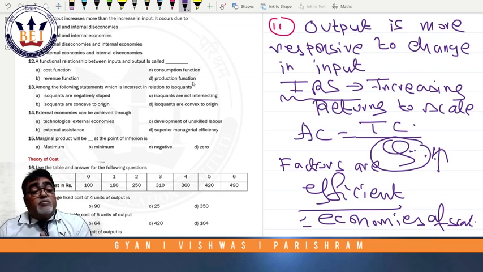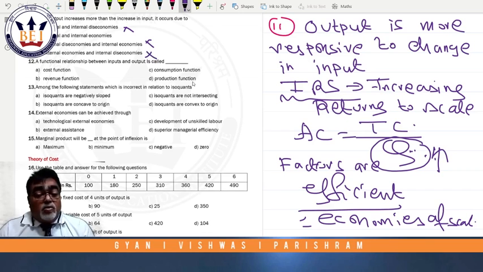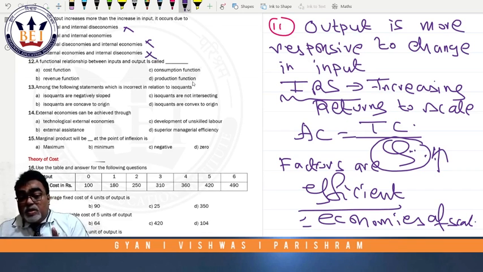When output increases more than increase in input, it occurs. So obviously we should find out economies of scale, external and internal economies. Let us consider the other options. External diseconomies and internal diseconomies are out, means these economics terms should be there. We should nullify that. Achha, why should we nullify?